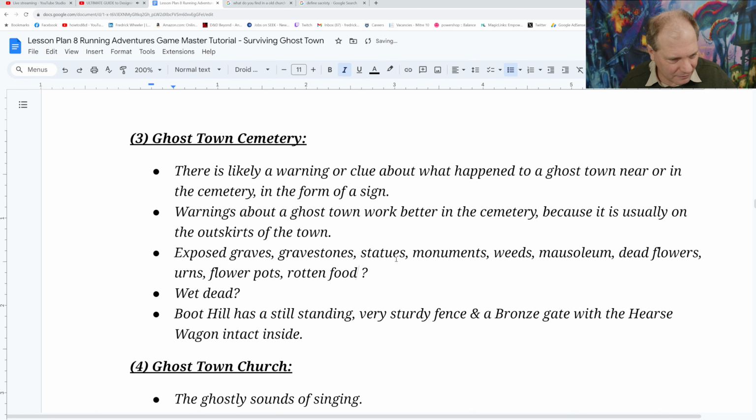I think we may have got our cemetery mostly sorted out. No, I think that's it. I think we've got it all. All the things that we need for our ghost town cemetery are fairly basic. It's a fairly basic location, which is one of the reasons why I decided we're going to cover that one, so it's done.